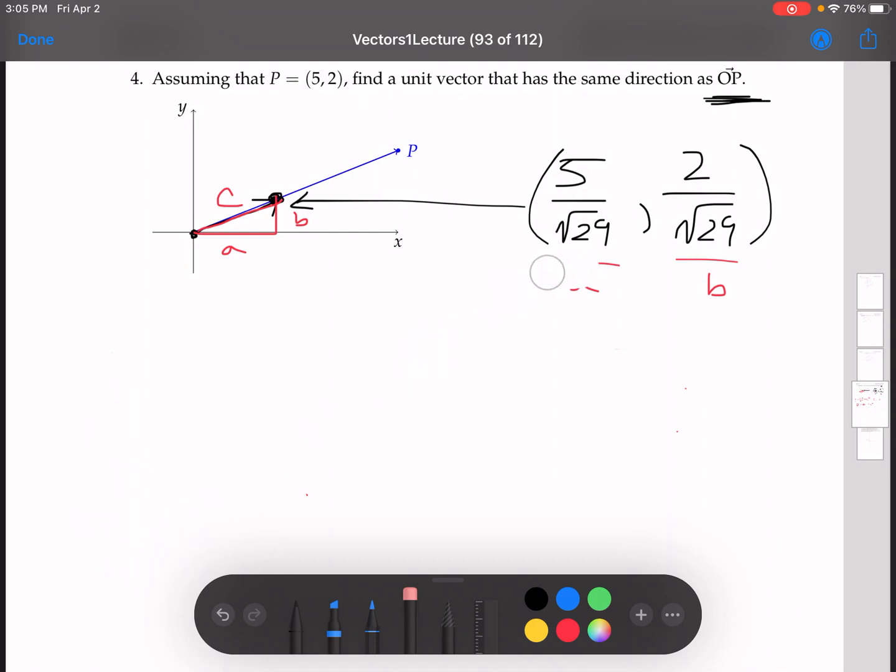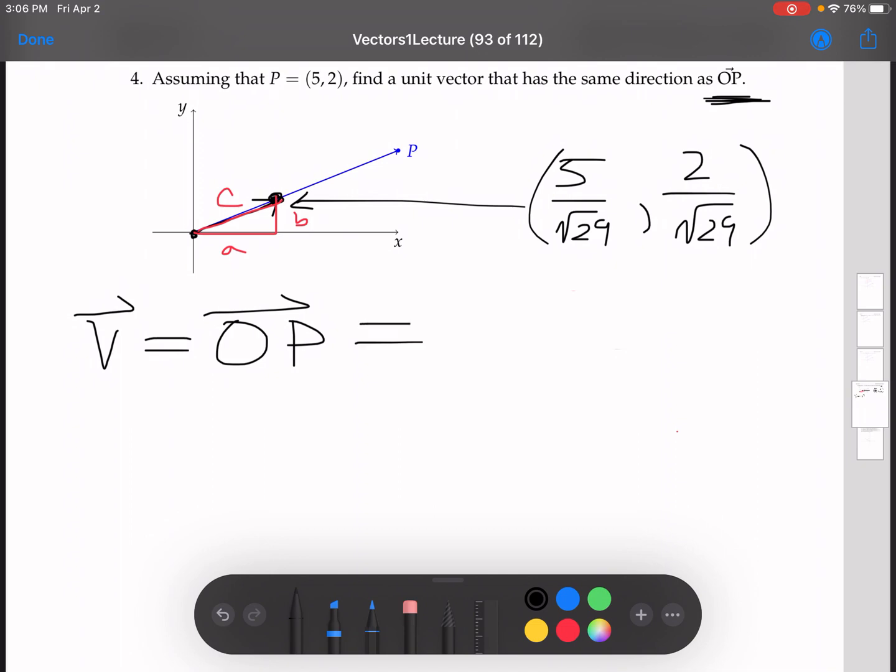Now, writing OP in component form, we could give these all names. We could say V is the vector OP. Writing that in component form would be 5, 2.